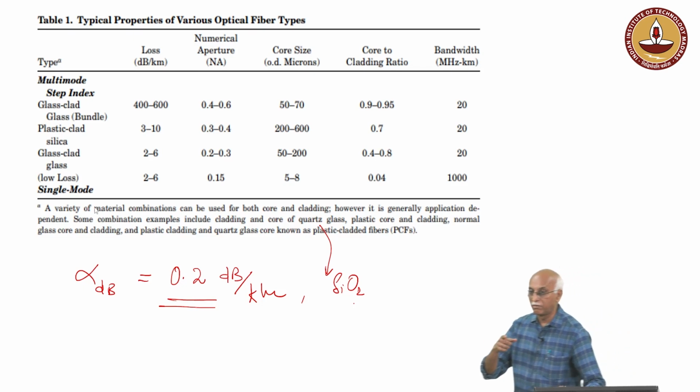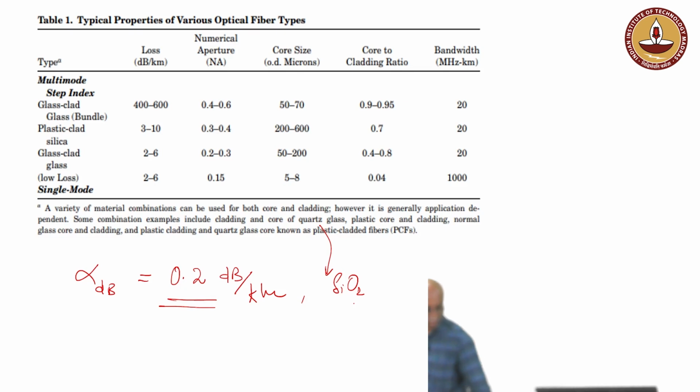I will give you one simple question. Estimate the core diameter of a fiber for it to be a single mode fiber, for a cutoff wavelength of 1.5 micrometer, with a numerical aperture of 0.2.